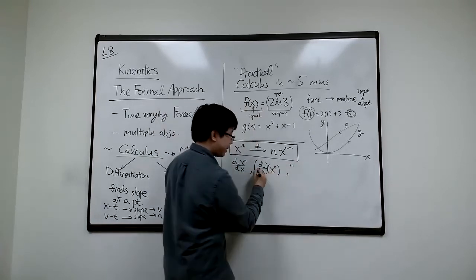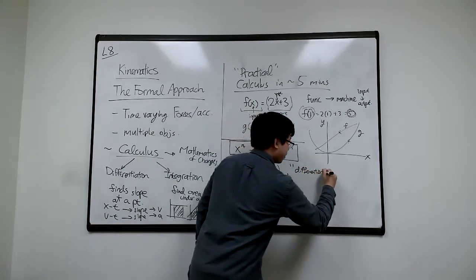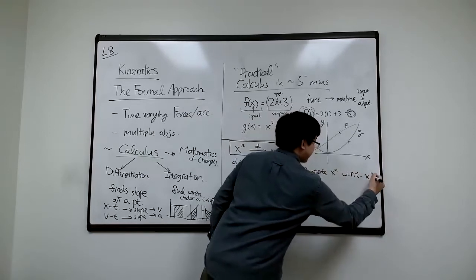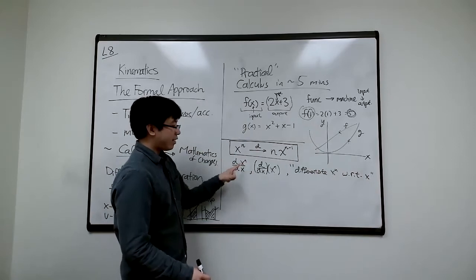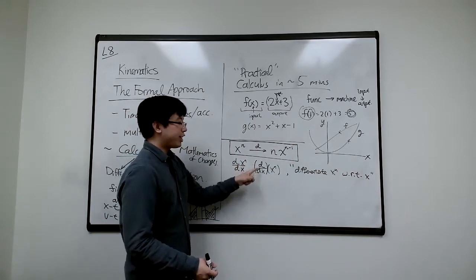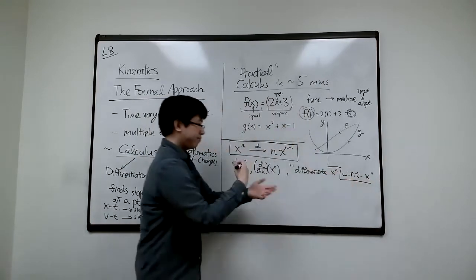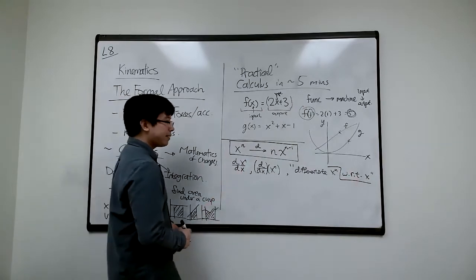So you read this symbol as differentiate x^n with respect to x, okay? So this reads differentiating x^n with respect to x. This kind of reads differentiate with respect to x, x^n. So grammatically, both make sense. Mathematically, both make sense as well. You can write it in both ways, okay?